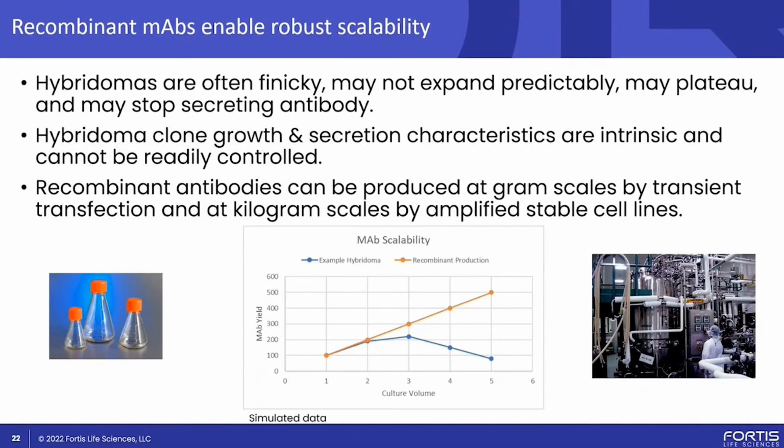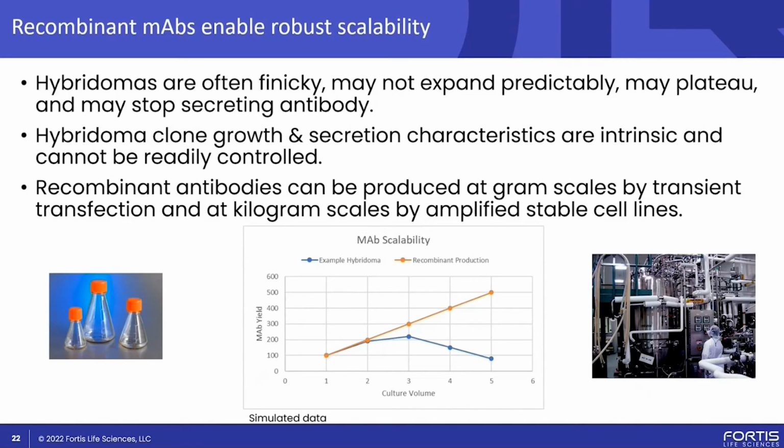Even hybridomas from the same fusion will not behave in the same way. Often they will not expand in a predictable fashion. Sometimes you will expand the hybridoma and they will just decide to not grow past a certain point, or they may continue to grow so you can scale up the cell volume, but the level of antibody that they produce may change or decrease over time.